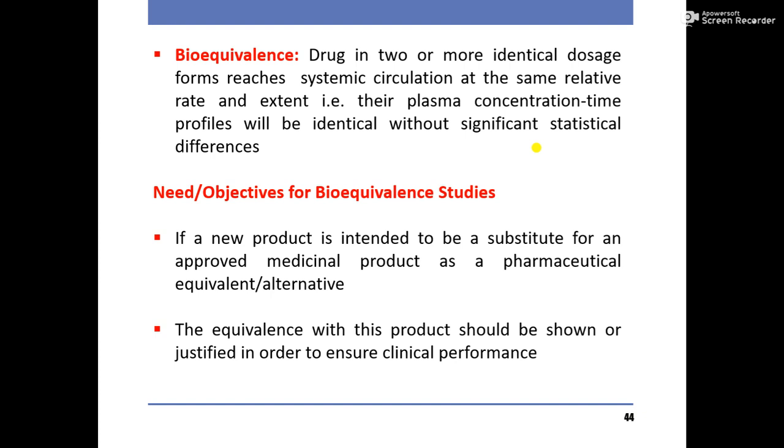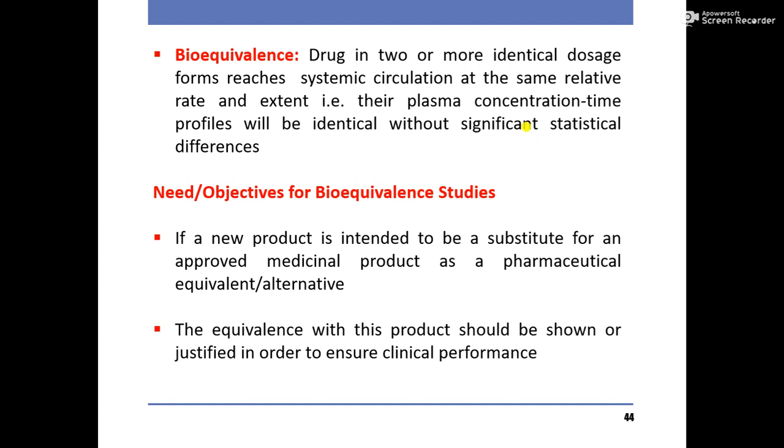In bioequivalence, the drugs in two or more identical dosage forms reach the general or systemic circulation at the same relative rate and extent, so we can say that their plasma concentration time profile will be identical without significant statistical difference.